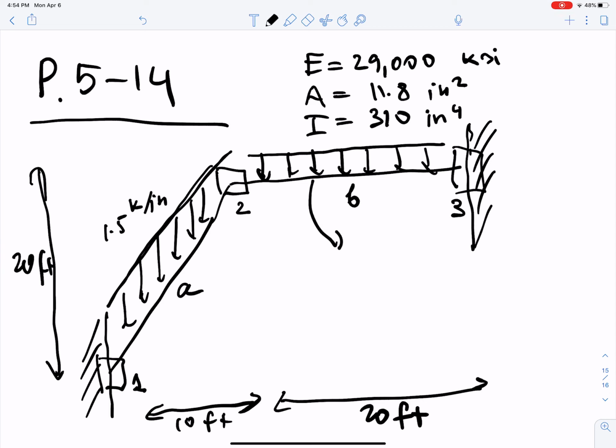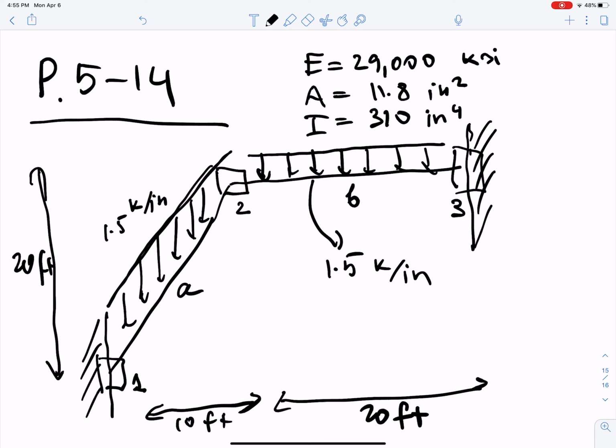But note that for element B, the load is pointing directly transverse to the axis of the beam. For element A, the load points in a direction oblique to the beam. So I'll show you how to handle a situation like this.